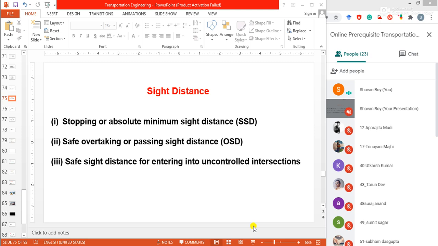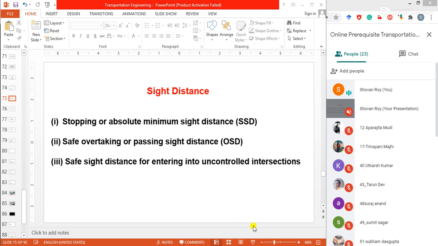Under geometric design, we should design our highway in such a way that the driver can see the obstruction from his or her own position, and very smoothly can overcome the obstruction or operate the vehicle in such an incident.